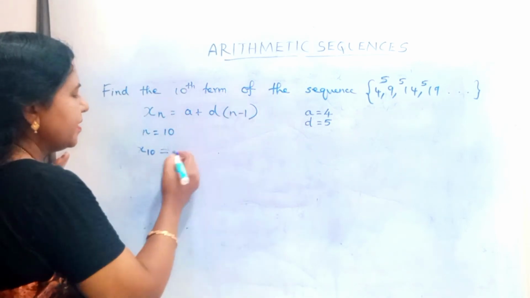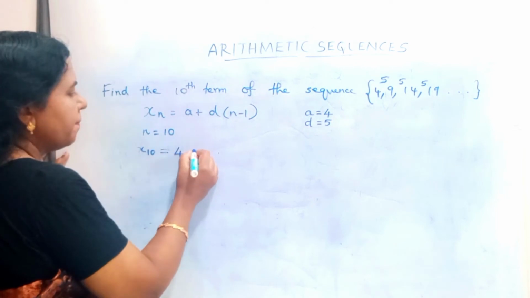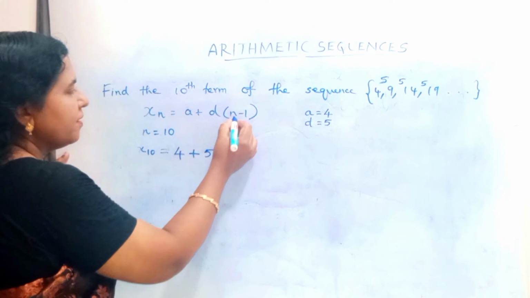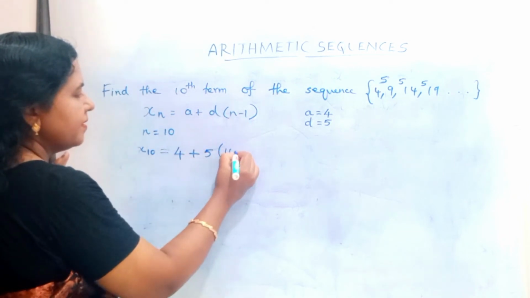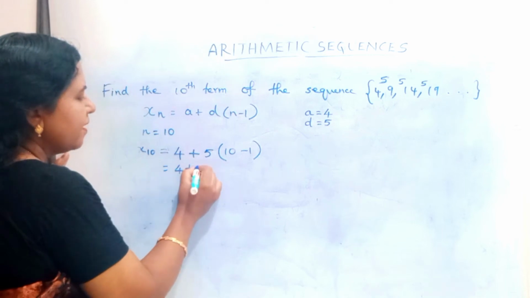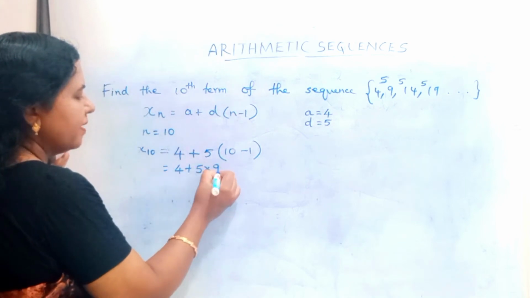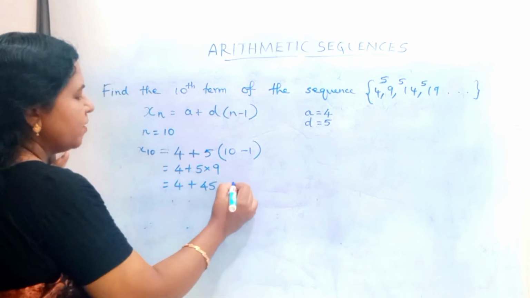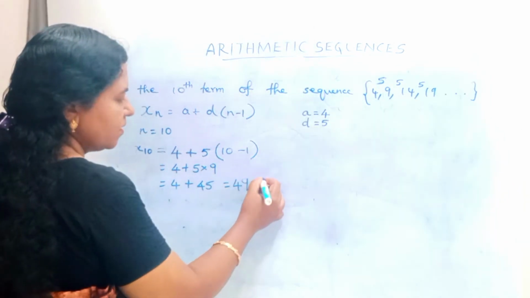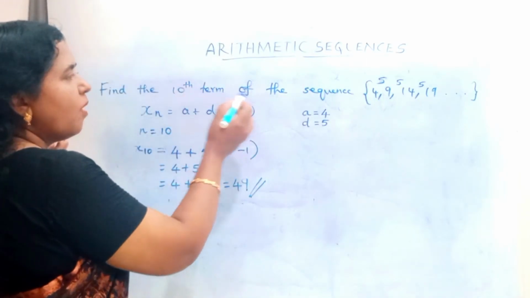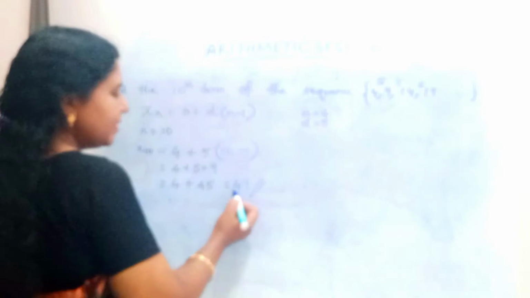The value of a is 4, so 4 plus the value of d, which is 5, into the value of n, which is 10, minus 1. So it becomes 4 plus 5 into 9, which is 4 plus 45, so it is equal to 49. This is the required answer: the 10th term of this sequence is 49.